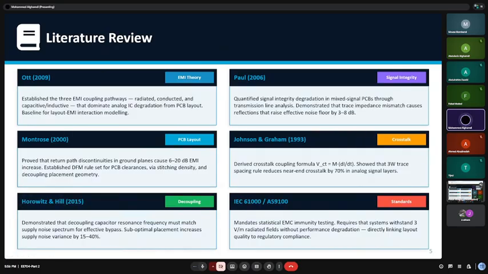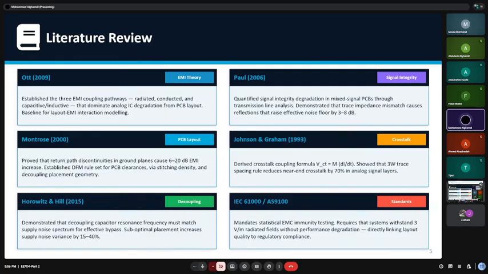The literature review. In 2008 or 9, Ott established the 3 EMI coupling pathways, which are radiated, conducted, and capacitive-inductive. And in 2006, Paul quantified signal integrity degradation in mixed-signal PCBs through transmission line analysis.